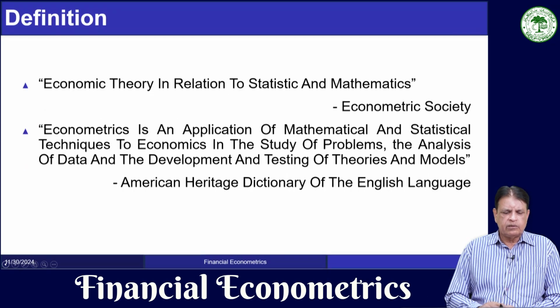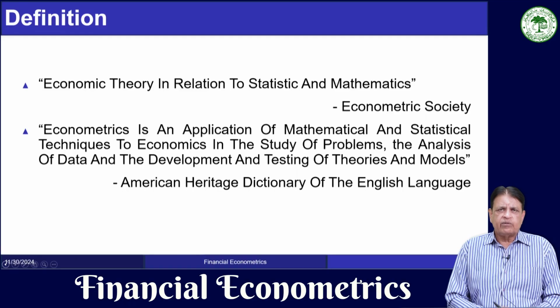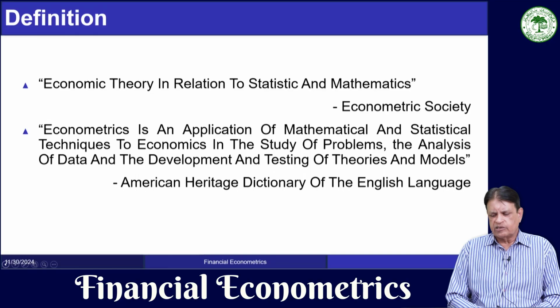We'll move to the formal definition of econometrics, given by the Econometric Society and the American Heritage Dictionary of the English Language. The definition is almost saying that in econometrics we have application of mathematics and statistics, that the tools which are available in statistics and mathematics are redesigned to suit the study of the problems in economics.